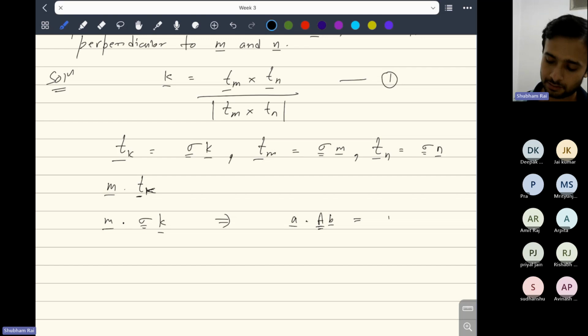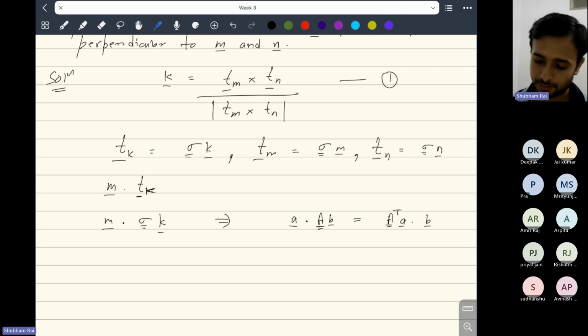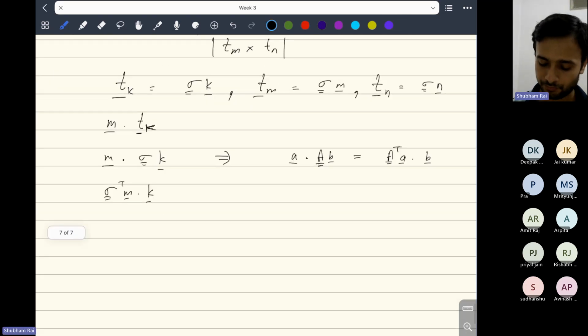This can be written as A transpose times A vector dotted with B vector. This is the definition of the transpose of a second order tensor. Using this property, I can write sigma transpose M dot K, right? Again, sigma is a symmetric matrix, so sigma transpose will be equal to sigma. This will be sigma times M dot K. Sigma times M is nothing but Tm, right?